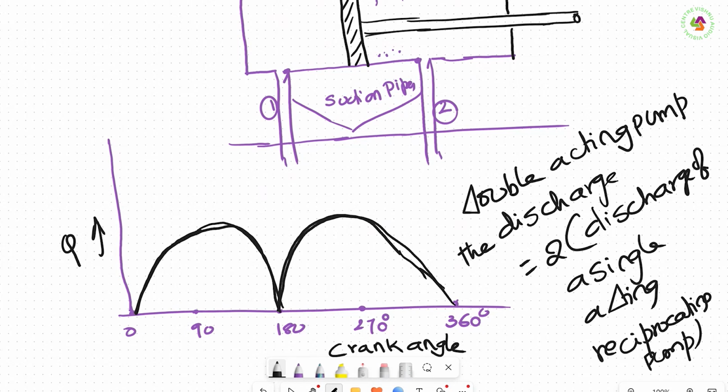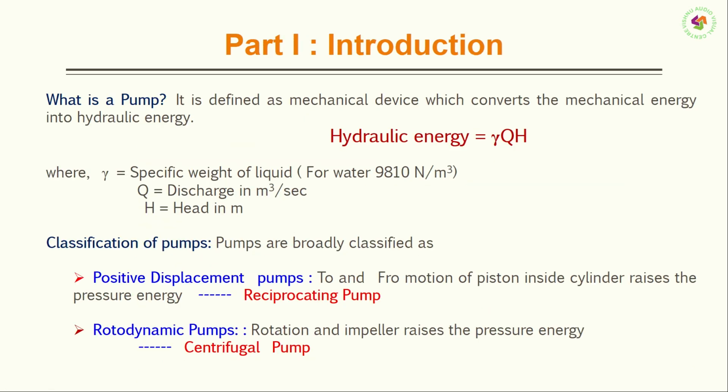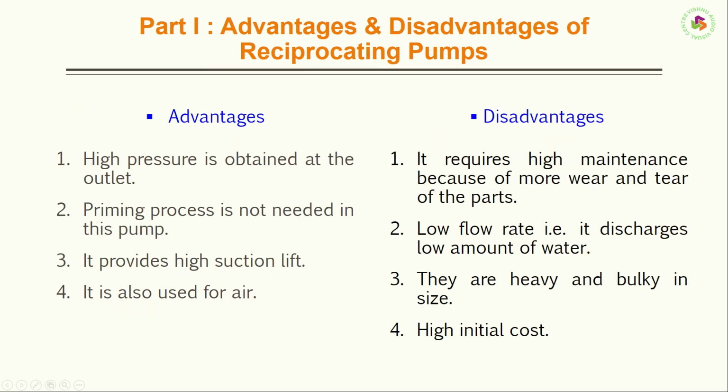Why? Because both strokes are being utilized for delivery. The suction stroke for the first set of pipes is the delivery stroke for the second set, and the suction stroke for the second set is the delivery stroke for the first set. Thereby in both strokes, liquid is being delivered in the double acting pump.